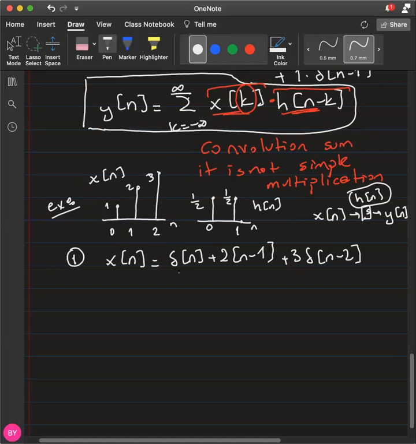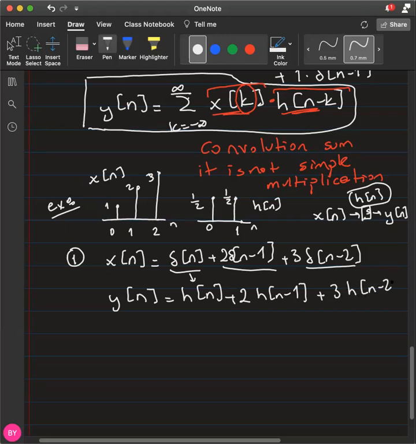And now I will use these to find out h of n, arkadaşlar. So how can I write y of n using h of n? Dirac n is the input, h of n is the output, plus 2 Dirac n minus 1 will give me 2 h n minus 1 plus 3 h n minus 2.